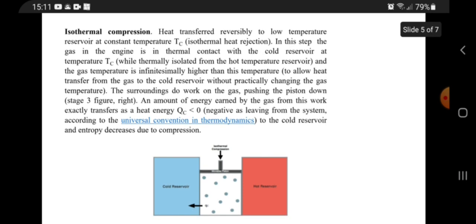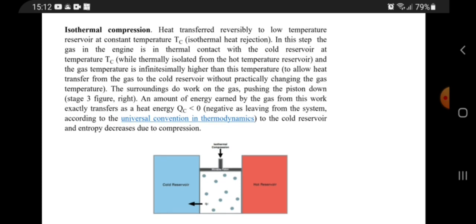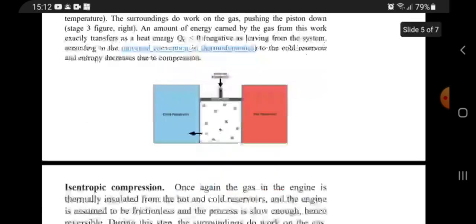The surroundings do work on the gas, pushing the piston down. Stage 3, the figure right. An amount of energy added by the work is actually transferred as heat energy QC less than 0, negative as it is leaving the system according to the universal convention in thermodynamics, to the cold reservoir, and entropy decreases due to compression.